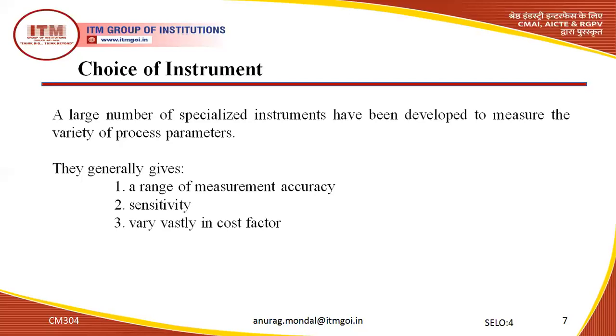And this variety of instruments also has versatility in the cost factor. Taking the level detecting devices, they have a range of cost: some level detectors have a low cost and some have a very high cost. So various instruments mainly have these three varieties.